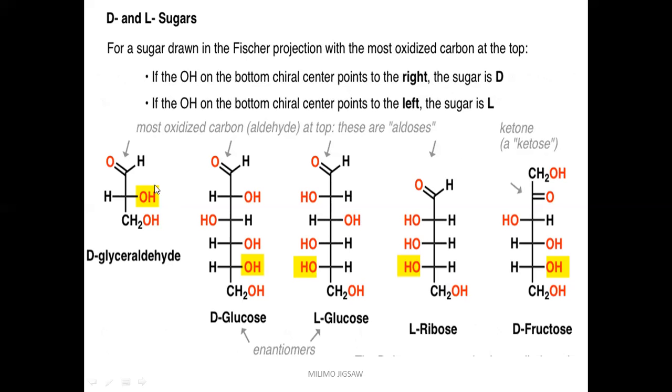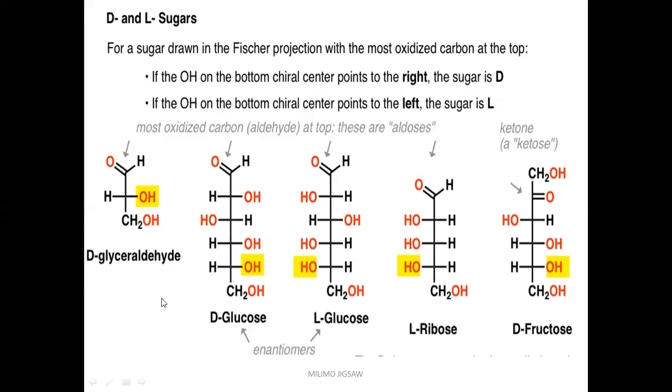We look at the position of the hydroxyl group at carbon 2 of D-glyceraldehyde. If the OH here is on the right, then this is D-glyceraldehyde. If this OH is on the left, then the molecule would have been L-glyceraldehyde.